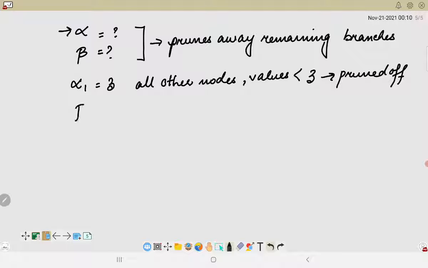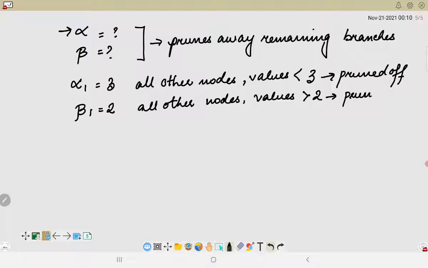And suppose beta value is 2, then all other nodes whose values are greater than 2 would be pruned off. So this is the logic. Pruned off means we are eliminating all other nodes which have values greater than 2. So this is basically the minimum value which we have considered for all other nodes, and this is the maximum value which we have considered for all other nodes.